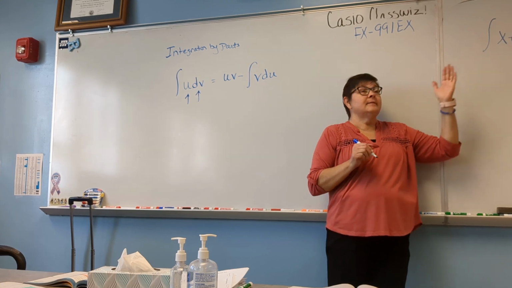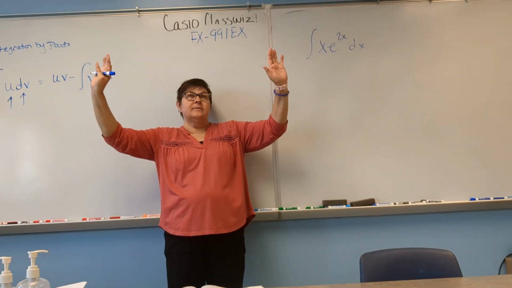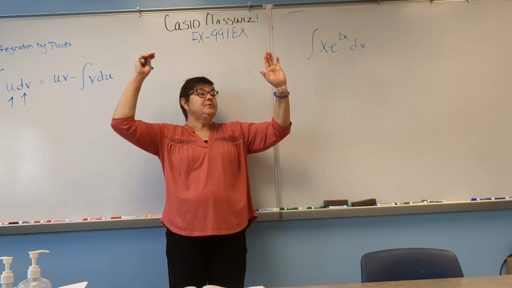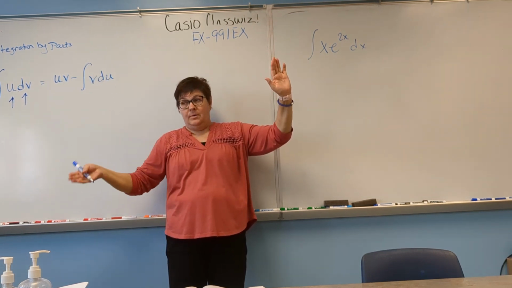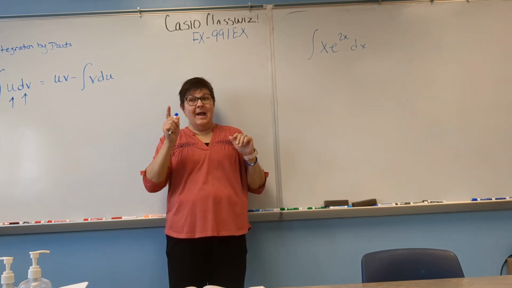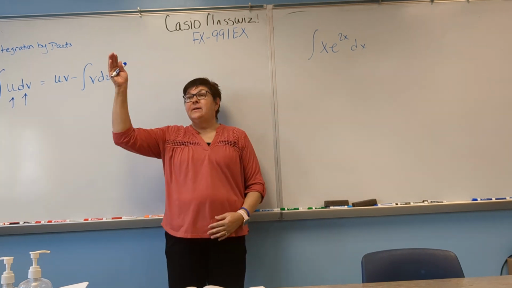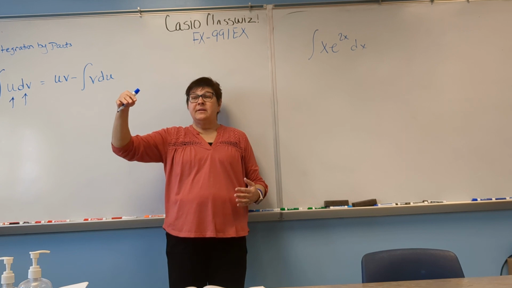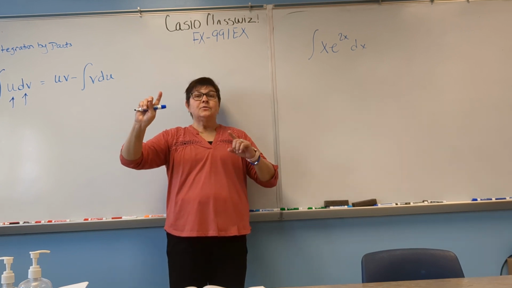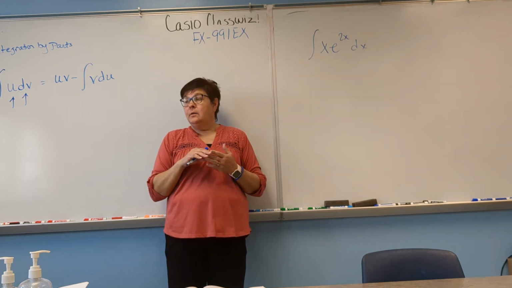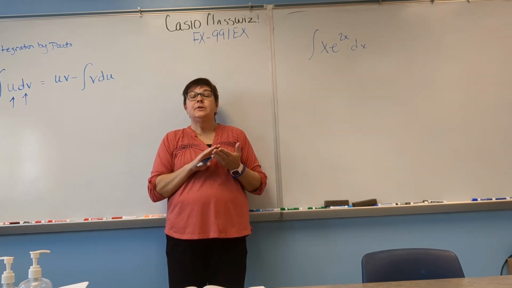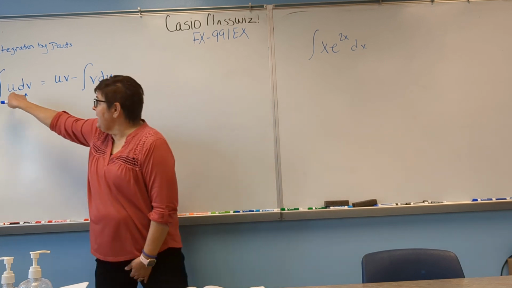So if I'm looking at this, one is x, one is e to the 2x. Which one of those two could I take the derivative of until I hit 0? X. So tell me what would happen. I'd have x, its derivative is 1, its derivative is 0. So that's the one I am going to call my u.